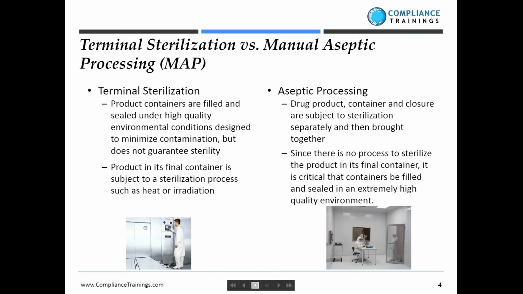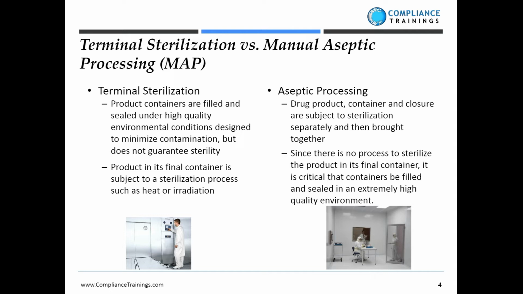There are two different types of sterilization methods. The easier of the two is terminal sterilization, but many times it does not work for a lot of the different products that we manufacture.